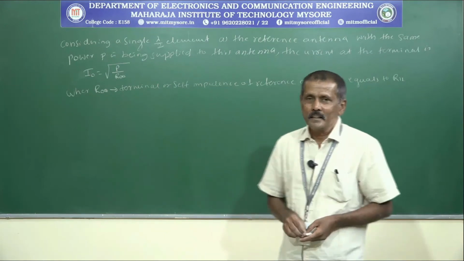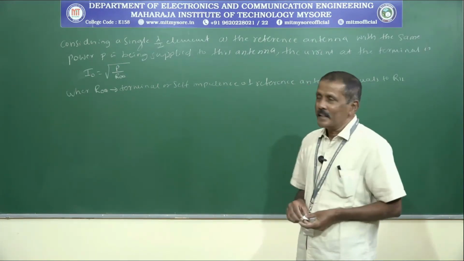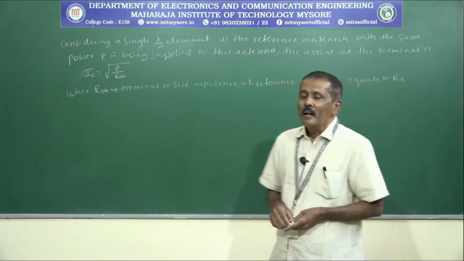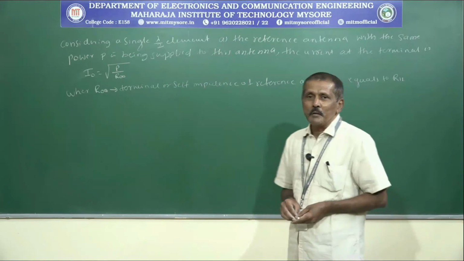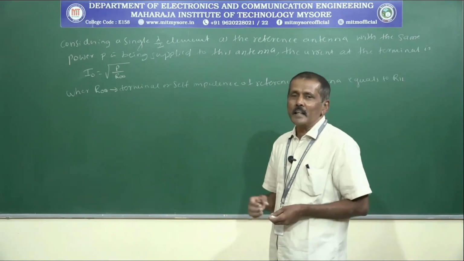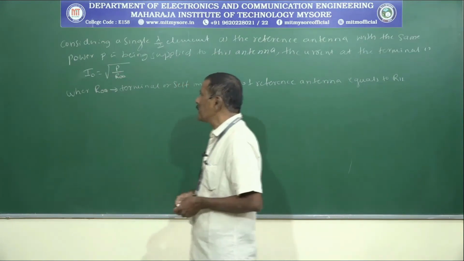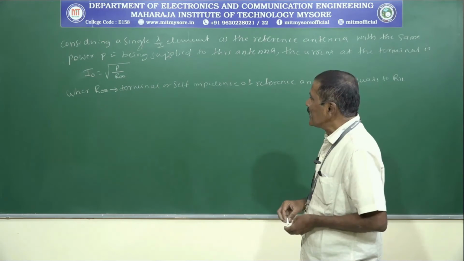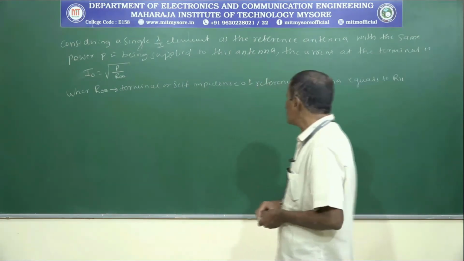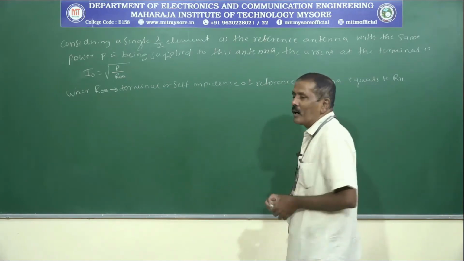What this indicates is that we are considering one single lambda by 2 element as a reference antenna, and the same power P is supplied to it, and then we are finding the terminal current. So I0 equal to root of P divided by R00, where R00 is the terminal or self impedance of the reference antenna, and this is equal to R11.